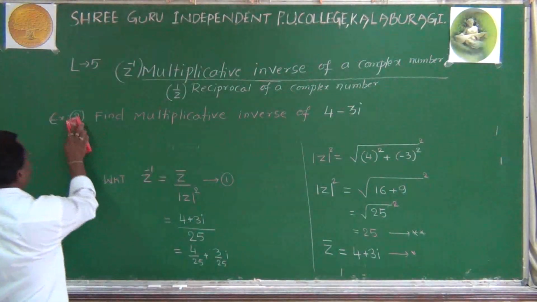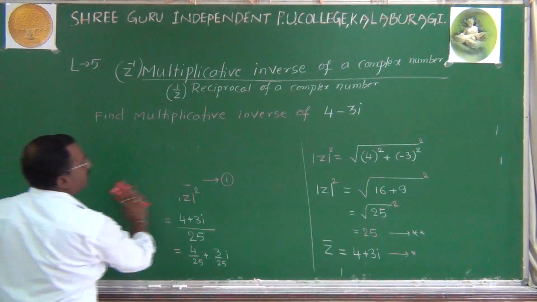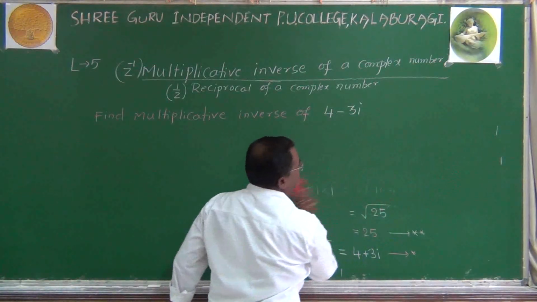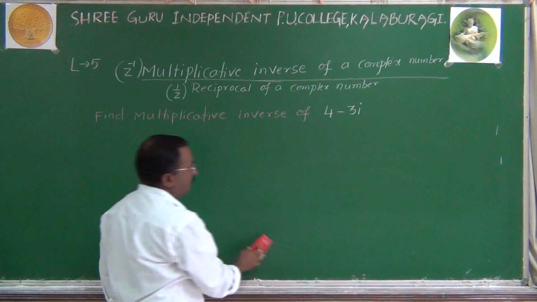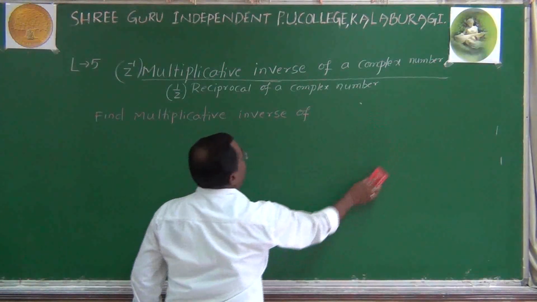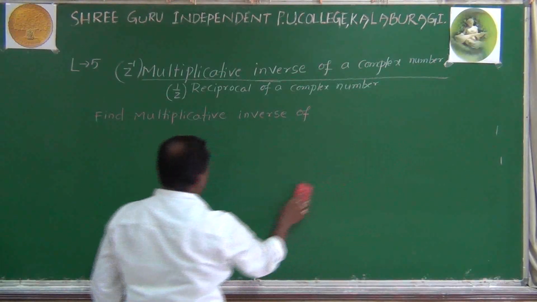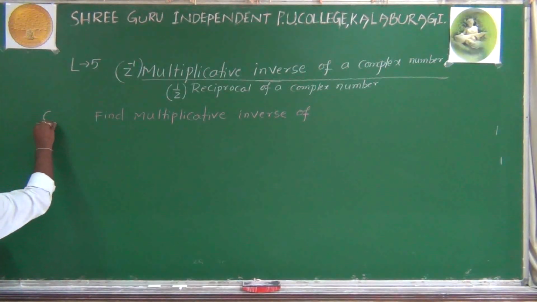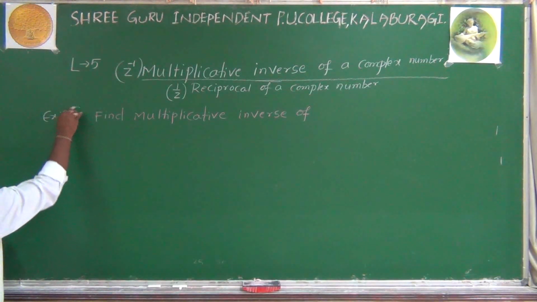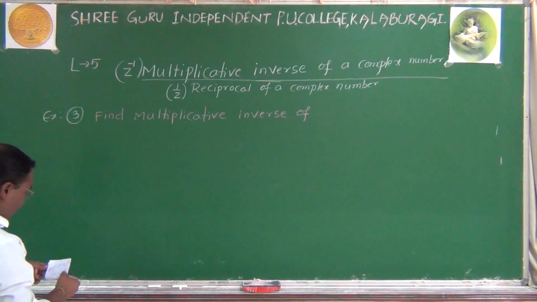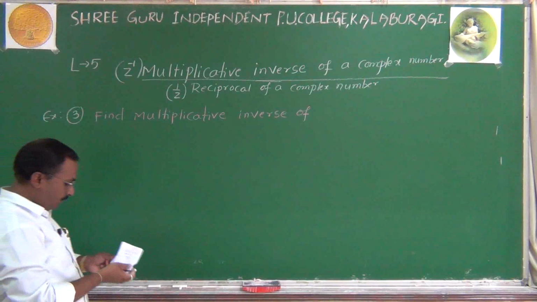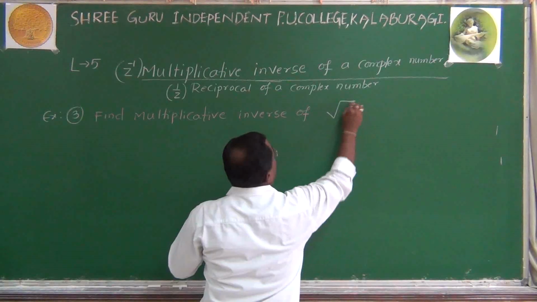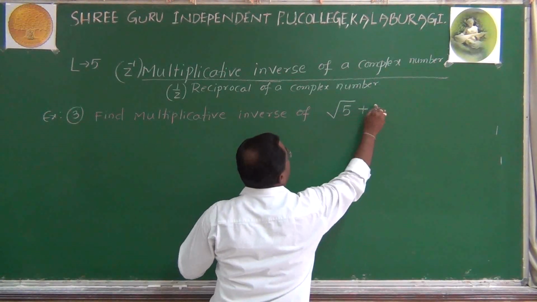Next, example number 3. Find the multiplicative inverse of root 5 plus 3i.